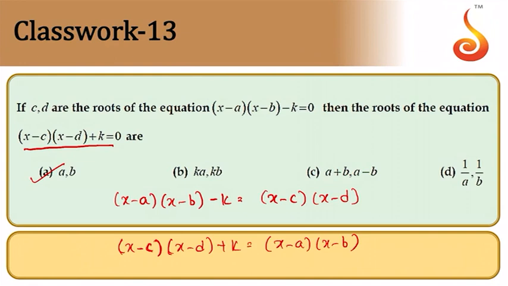Obviously, a simple tricky problem. Rather than solving further, just write (x minus a)(x minus b) minus k equal to (x minus c)(x minus d), because these are the roots. So k will go to that side: (x minus c)(x minus d) plus k equals (x minus a)(x minus b).